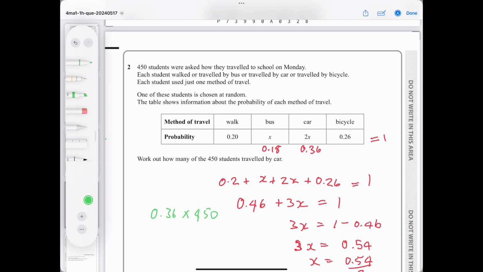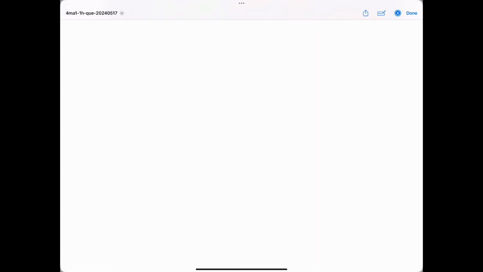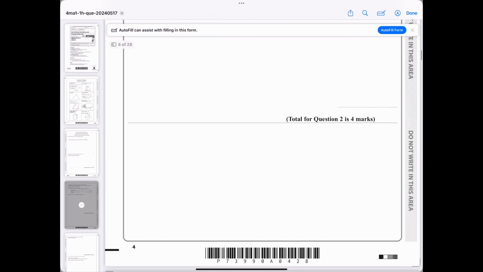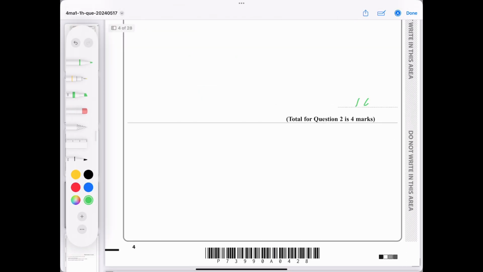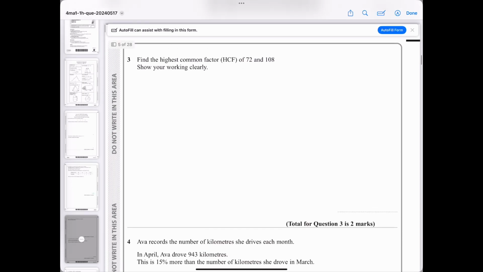I think it's going to be about 150. So 0.36 times 450 equals 162. And that's your answer. I'm just going to go back and put that there, so 162.